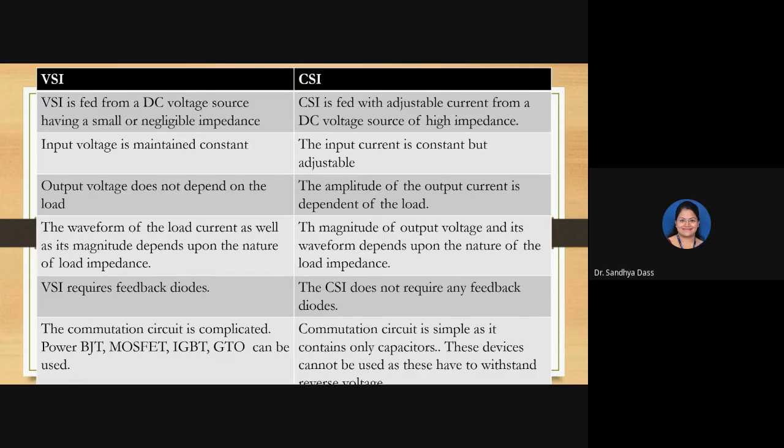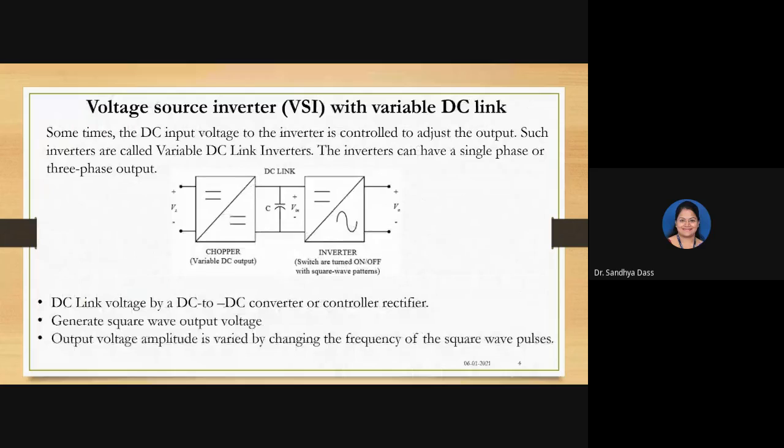So moving on to voltage source inverter with variable DC link. So this is again, as I mentioned, variable DC link inverter. It's a type of voltage source inverter because the input is a voltage source.